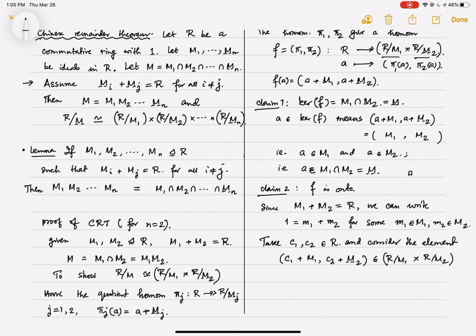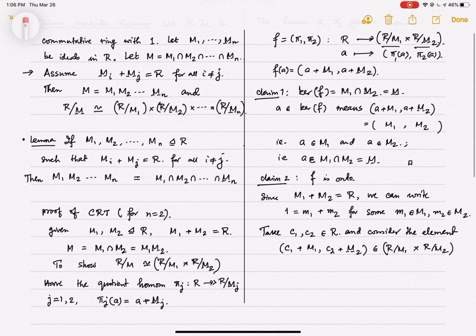What I need to do is find some A in R such that when I apply f to A, I get this guy. And I'll tell you which A to take. It's a construction, and you have to think about it a little bit at this point to find this thing, but I'll just give you the answer without much motivation, I suppose, unfortunately.